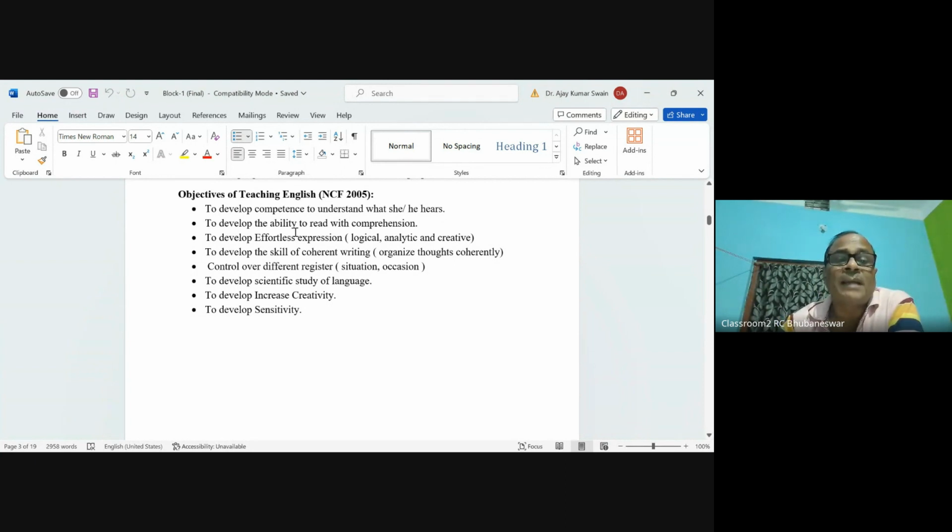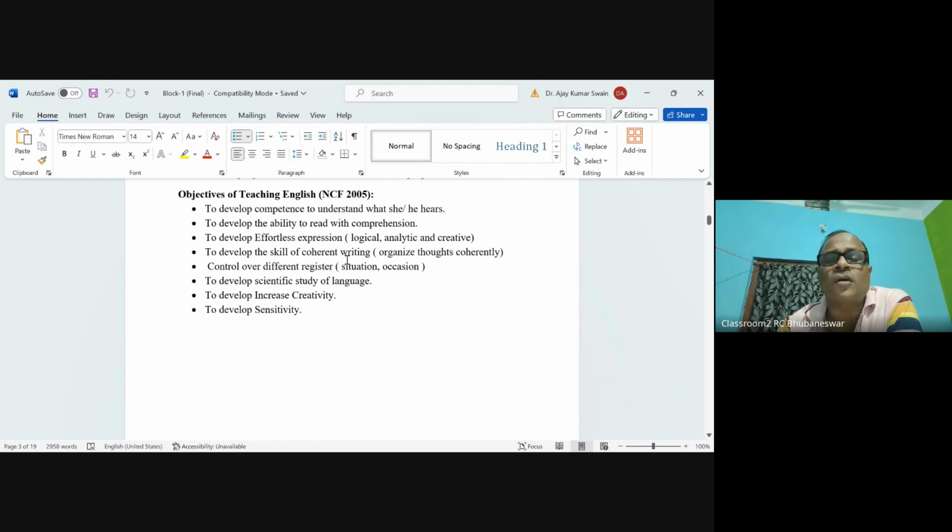To develop the ability to read with comprehension. Only reading the book is not important. During reading, one can comprehend, understand what the sentence is, what the paragraph is, what the topic is. To develop effortless expression, that is logical, analytic, and creative expression. To develop the skill of coherent writing.